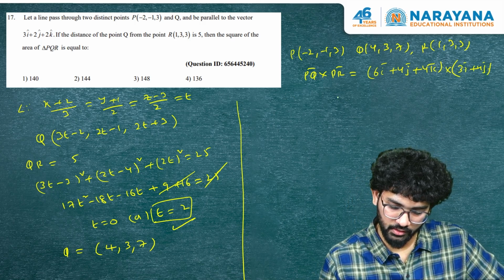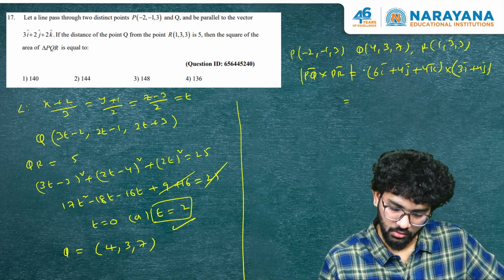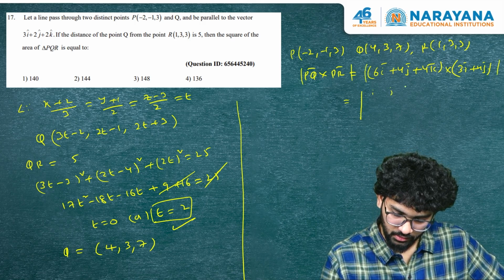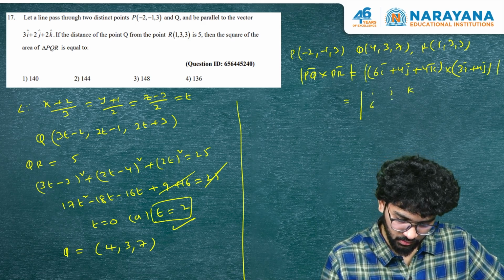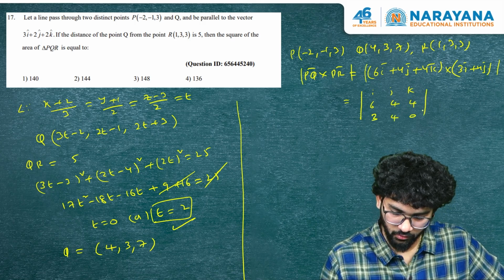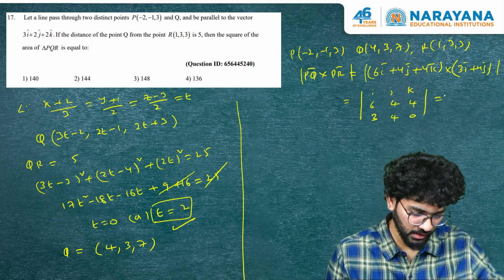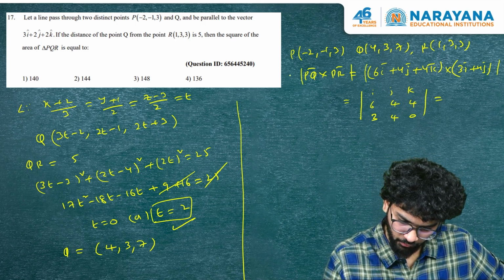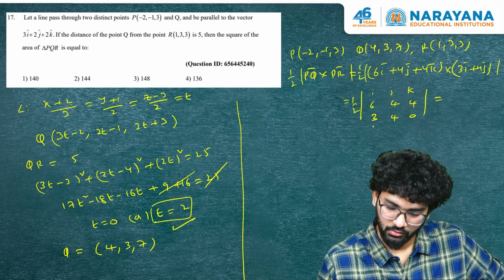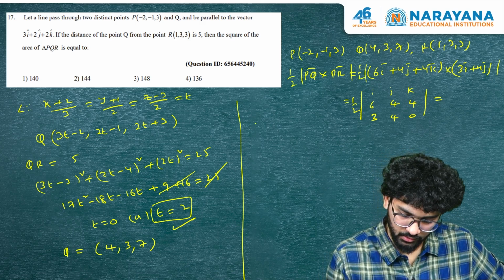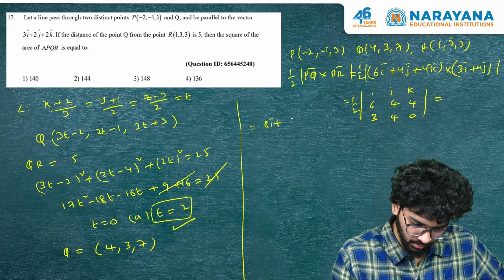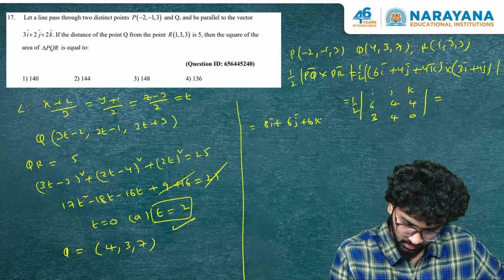So this modulus will be the determinant of I, J, K, 6, 4, 4, 3, 4, 0. If you simplify this, and take half of it because area is half of this, you get 8 I bar plus 6 J bar plus 6 K bar.